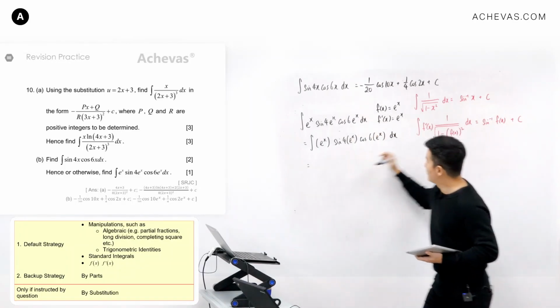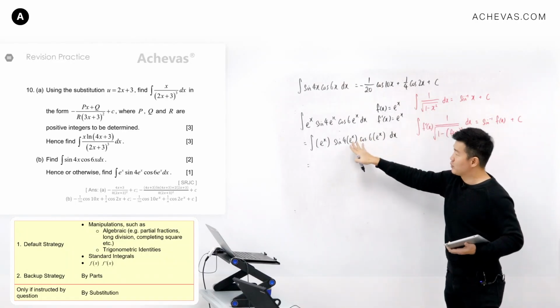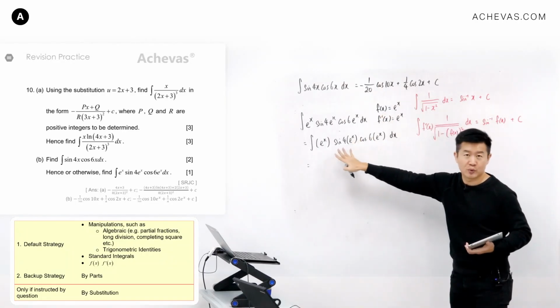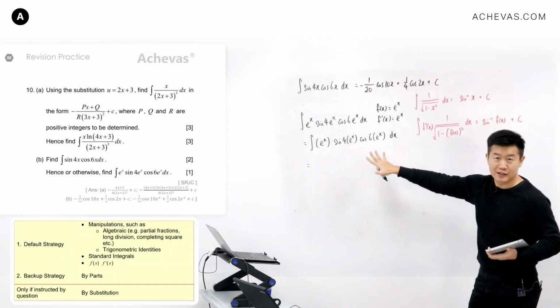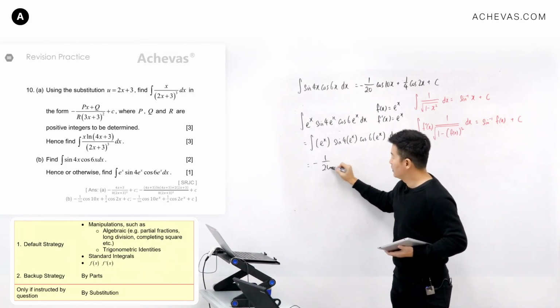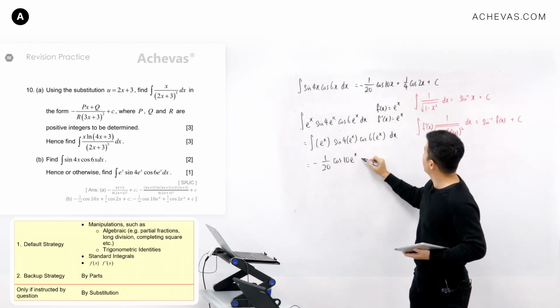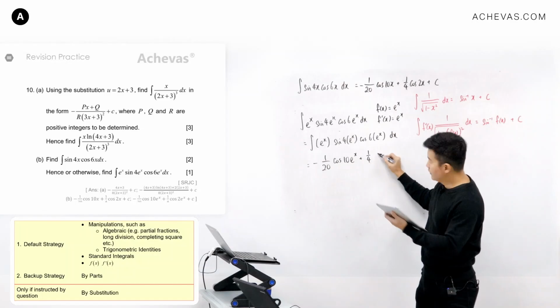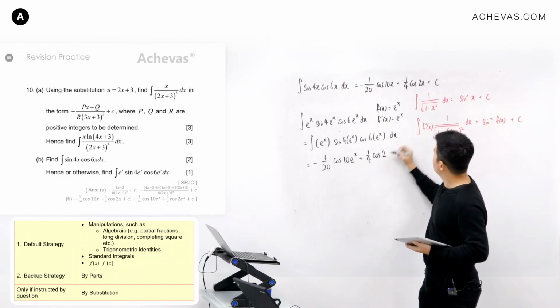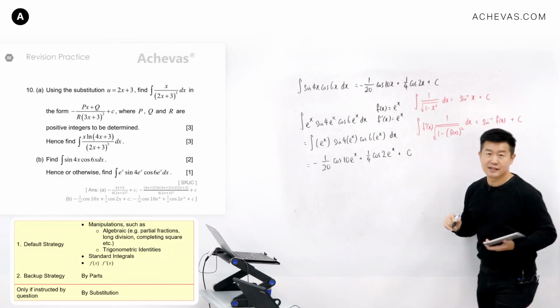And now, by making use of the same idea, all this x here just needs to be replaced by f(x), and I will be able to conclude this integral, which is going to be minus 1 over 20 cosine 10 e to the power of x plus 1 over 4 cosine 2x, with x replaced by e to the power of x, plus c.